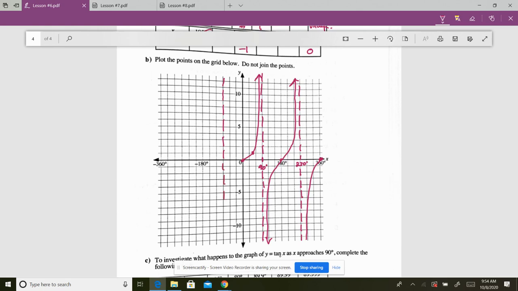We don't use the tan graph that much in this class.